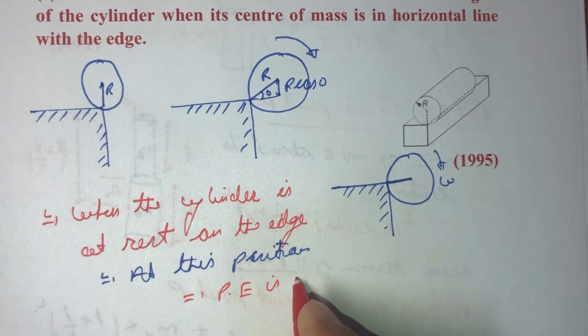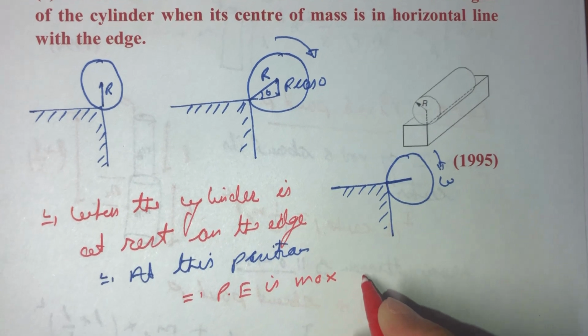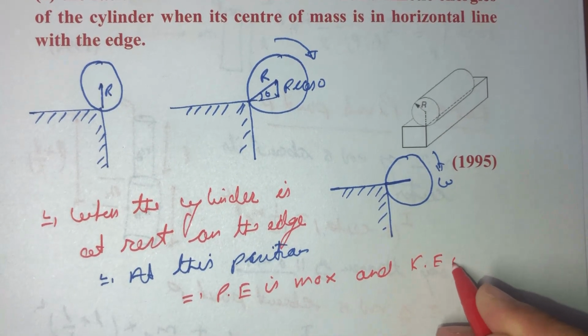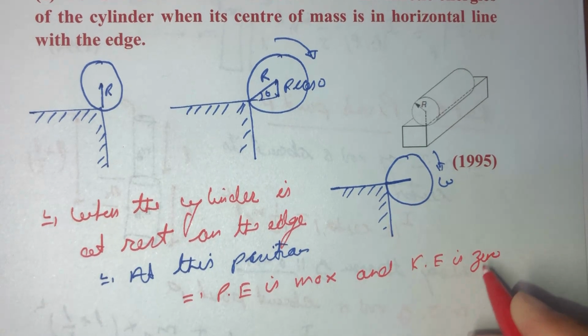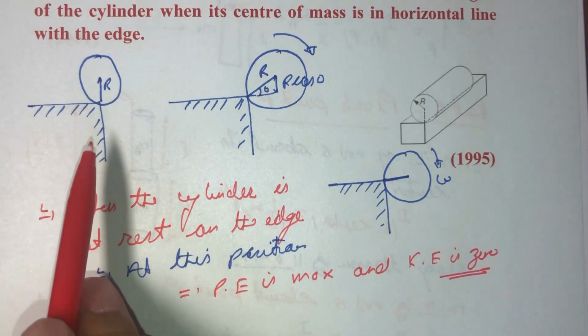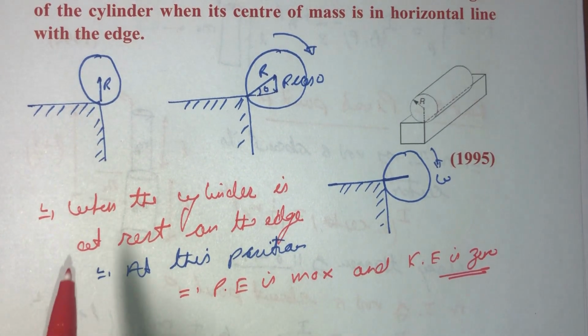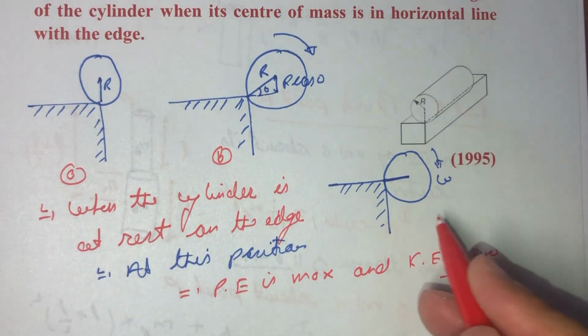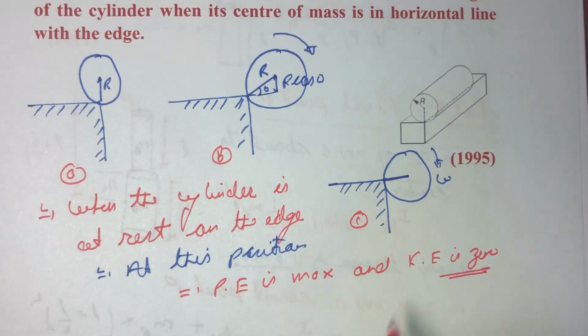Potential energy is maximum, and kinetic energy is 0. Okay, so this is basically the representation of figure A. Let this be figure A, this be figure B, and let us suppose this is figure C.